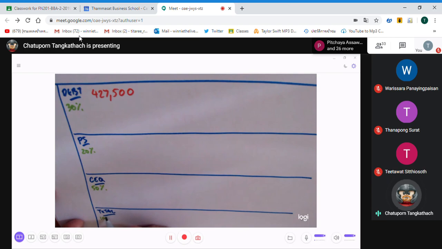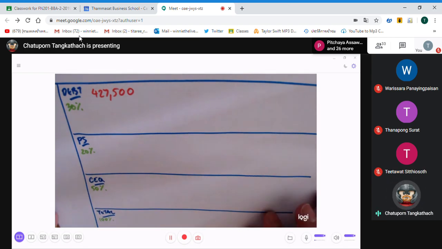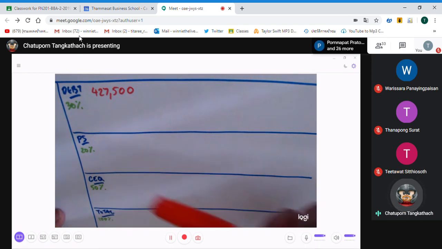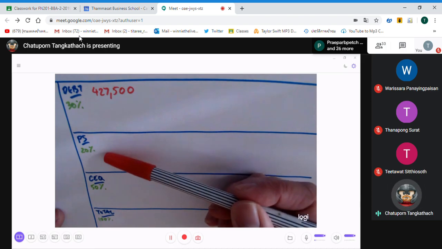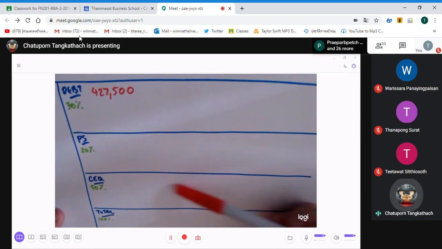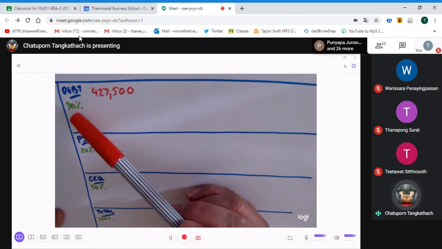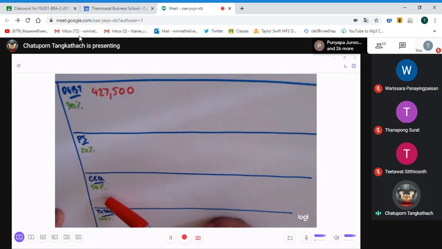Total is 100%. Now, if you see the fund flow in terms of debt, 427,500 only, no fund flow from preferred share, and no fund flow that comes from common equity. The optimal proportion for this firm equal to 3 to 2 to 5 cannot be achieved.